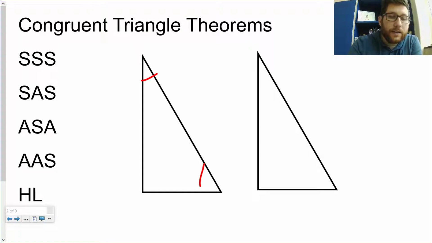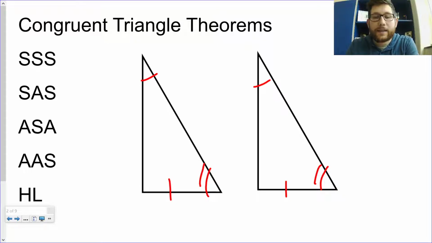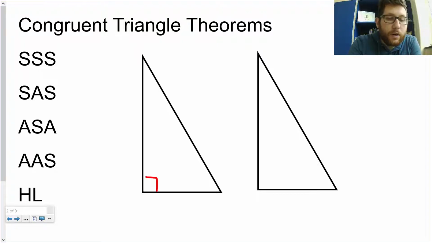Angle, angle, side is going to look something like this. I've got 2 angles again. The side, though, is not the side trapped, not the included side. It's outside my 2 angles. And then HL. Now, HL is a special case. We just said that angle, side, side doesn't work, but it does work if the angle is a right angle and the sides are right triangle sides, okay?